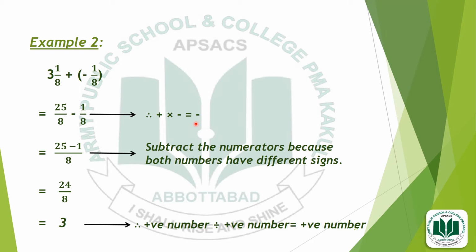In the same step, we will convert mixed number into an improper fraction. Now since these two fractions are like fractions, we will subtract the numerators because both numbers have different signs. Then we will get 24 by 8, which can be simplified as 3.